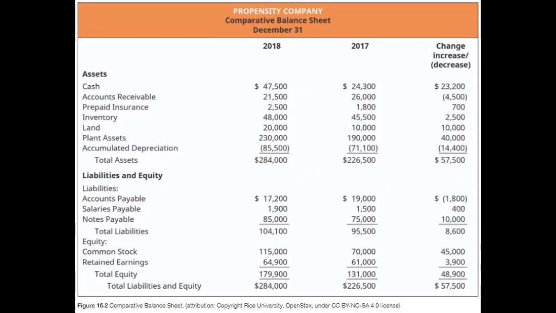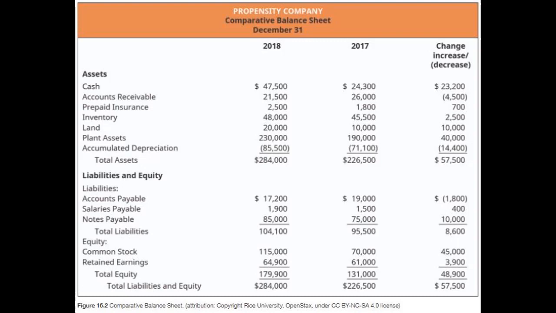The reason why it's so important to look at the change in your balance sheet account over the course of the year, and that's exactly what we're looking at in figure 16.2 in that column on the far right, is that you can look at the numbers in that column, not the subtotals, not the totals, but the other numbers.